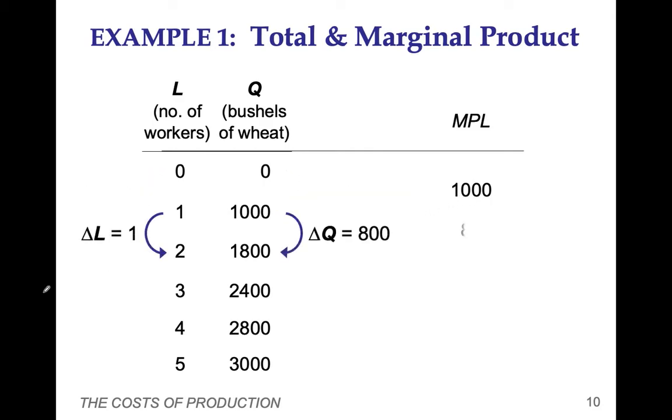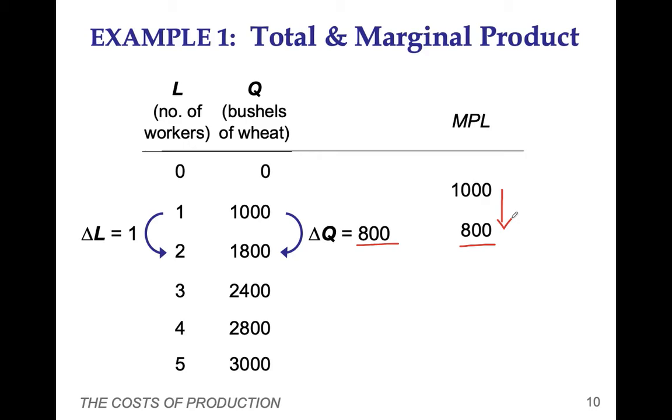Worker number 2 produces 800 bushels of wheat, so the MPL becomes 800. Observe that as we increase the number of workers, the marginal product of labor is decreasing.